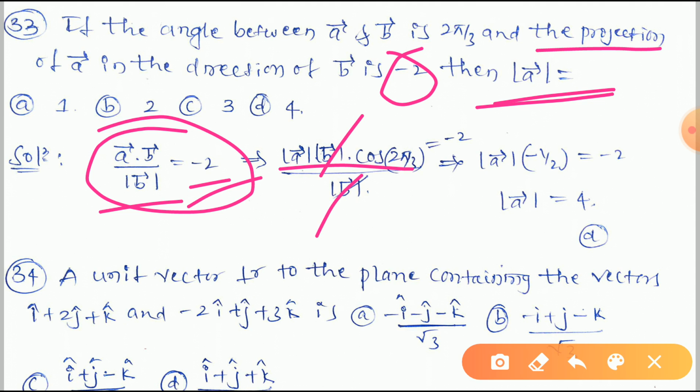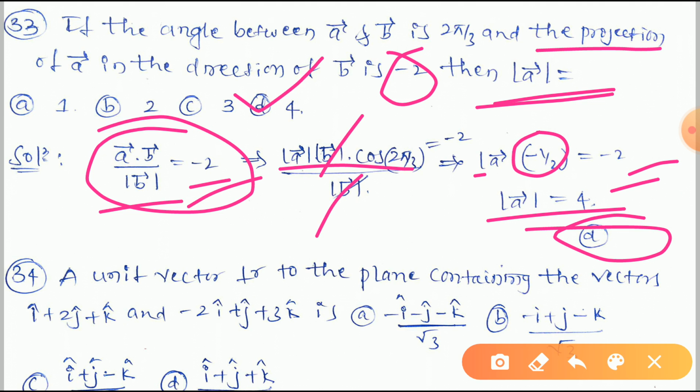Okay, here magnitude of vector A as it is, cos of 2 pi by 3 is equal to minus 1 by 2, so minus 1 by 2 times magnitude of A is equal to minus 2. Minus 1 by 2 is transposed to the right hand side, we get magnitude of vector A is equal to 4. Therefore the right choice of this question is D, that is 4.